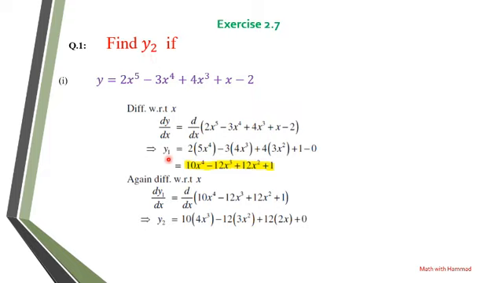So d by dx of y1 means d by dx of 10x4 minus 12x cube plus 12x square plus 1. 10 as it is, derivative of x4 is 4x cube, minus 12 as it is, derivative of x cube is 3x square, 12 as it is, derivative of x square is 2x, and derivative of 1 is 0. 4 into 10 is 40x cube minus 36x square plus 24x is our final answer.